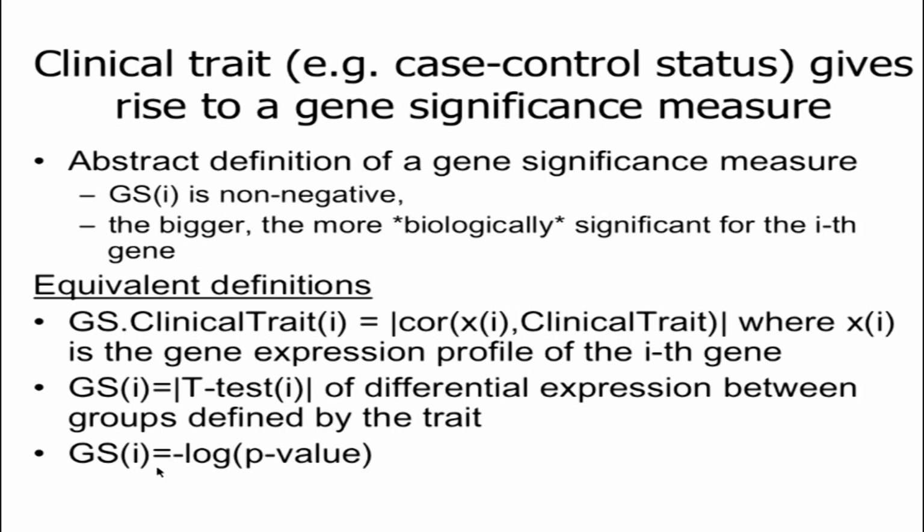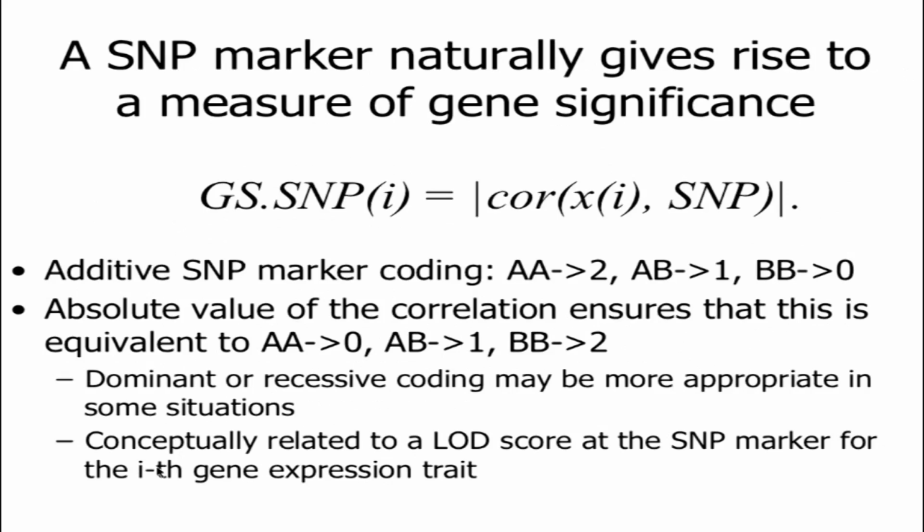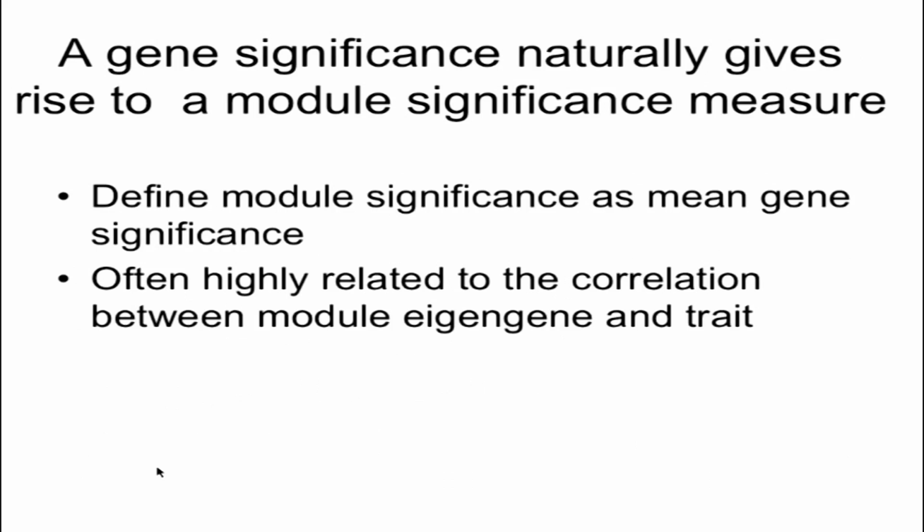If you have a SNP, you can use an additive marker coding where you count the number of A alleles, for example, 2, 1, and 0. And then this additive or numeric coding can be correlated with each gene. So you get a gene significance measure based on a SNP. And then to define a module significance measure, you just define it as the mean gene significance per module.